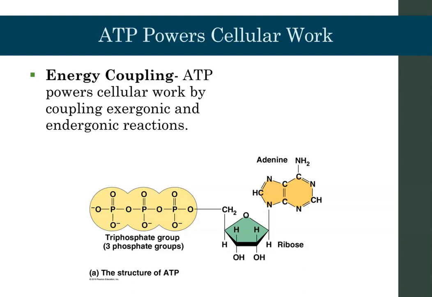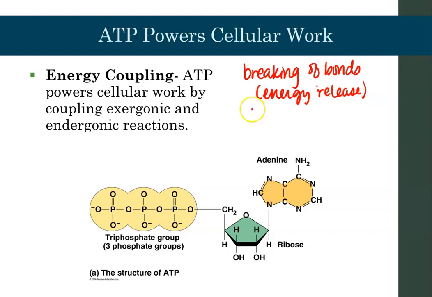So in the last video, I talked about the idea that the energy released from an exergonic reaction can be used to drive an endergonic one. In other words, the breaking of bonds and therefore the energy release can be used to build bonds.